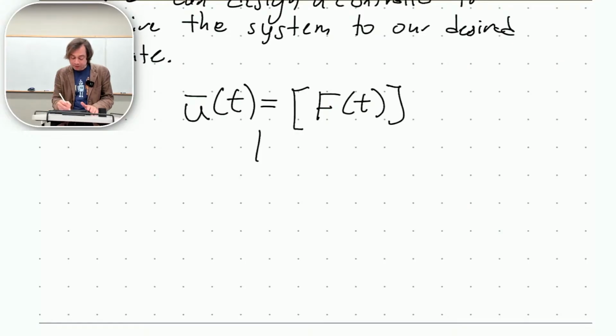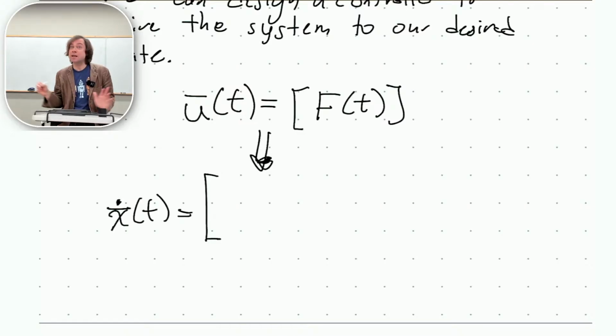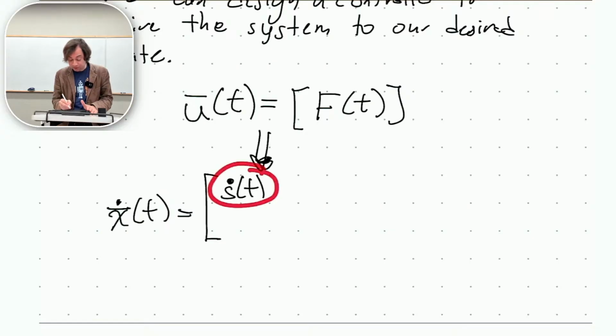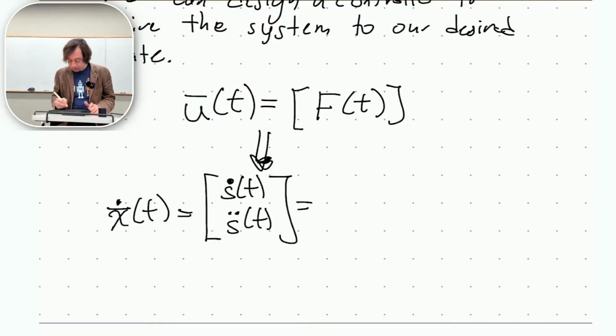Okay. If I were to rewrite my state space form, x dot of t, I will speed run the state space form. I'm going to do all the same steps I did before, where it's the same states. So the derivative of your state vector is going to be the derivative of your first state, which is s dot. Then you take the derivative of your second state, which is s dot, and it becomes s double dot. Okay, that is going to be equal to your first derivative of your first state. s of t is a state.